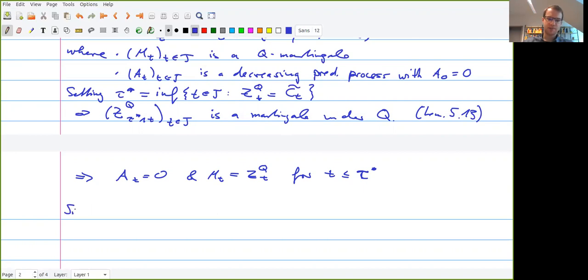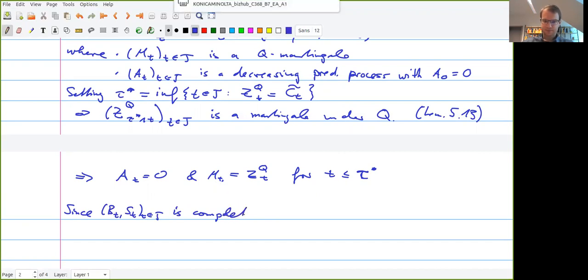Now we want to use that my market is complete. So if I have a complete market, I can represent every martingale with respect to a stochastic integral or self-financing trading strategy, generating this martingale by trading in the discounted price process.